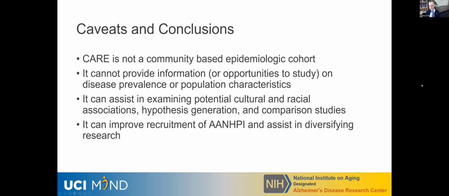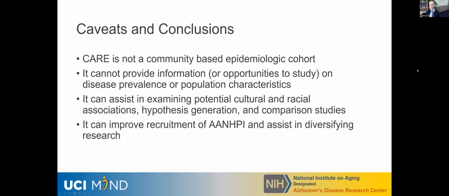So, again, important caveats that all investigators should remember. CARE is not a community-based epi cohort. So, your conclusions that you can make from something like a survey conducted within CARE will have this limitation.